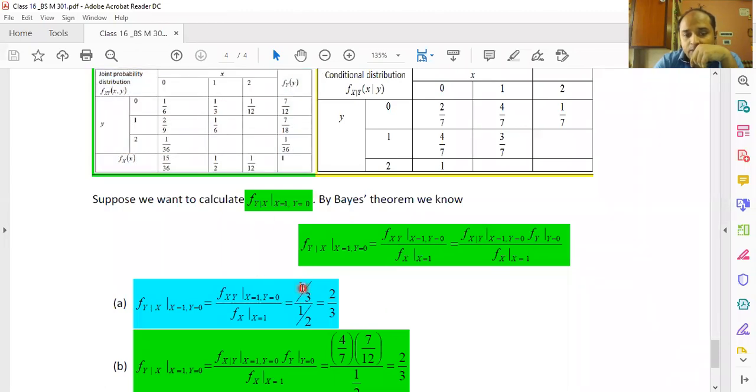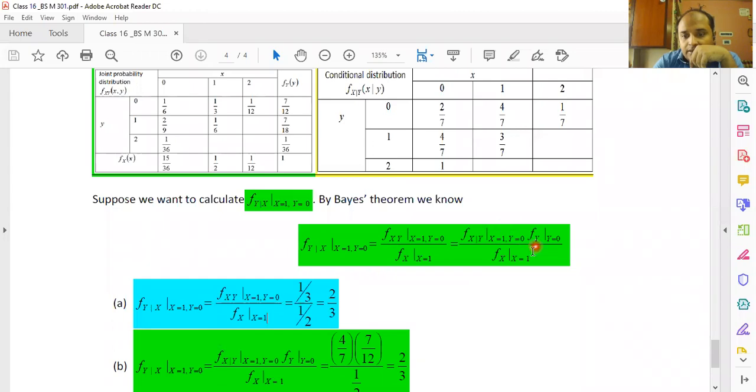So I have written here 1/3, and for the marginal probability of x at x equal to 1, you go to this chart, when x equal to 1, the marginal probability is half. So I'm putting here half, and the result is coming out as 2/3.